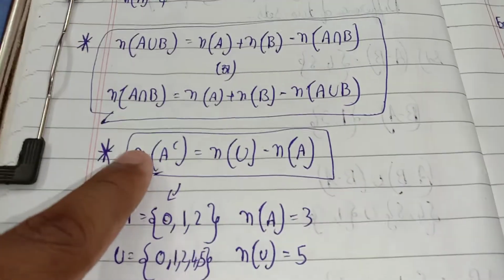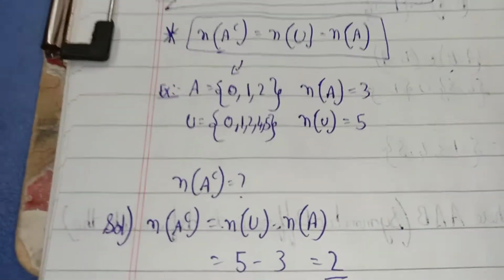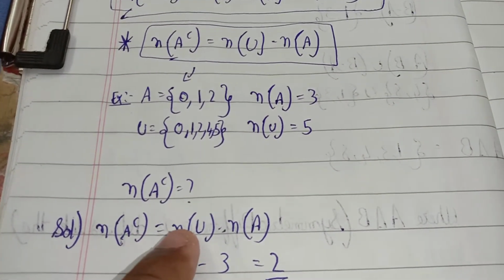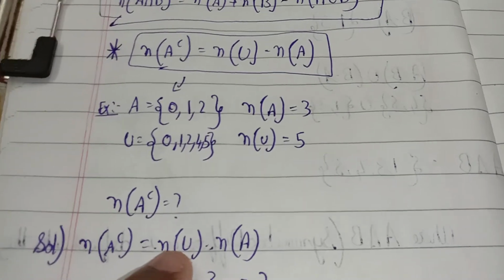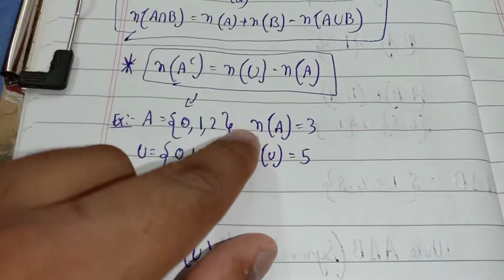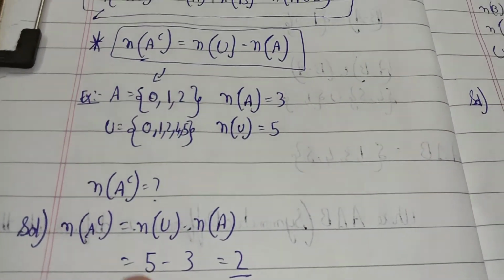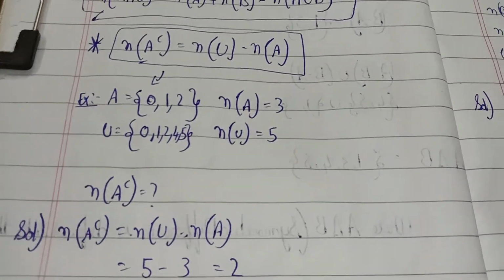We should find N of complement of A. Here the formula is N of U minus N of A. N of U we already know is 5, N of A equals 3. 5 minus 3, 2 is the answer, guys.